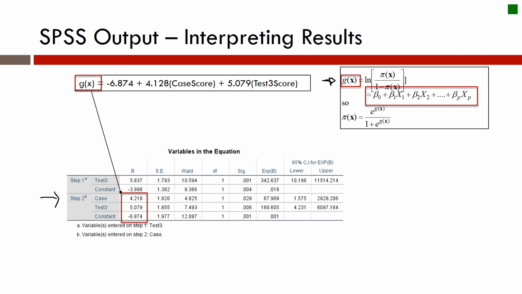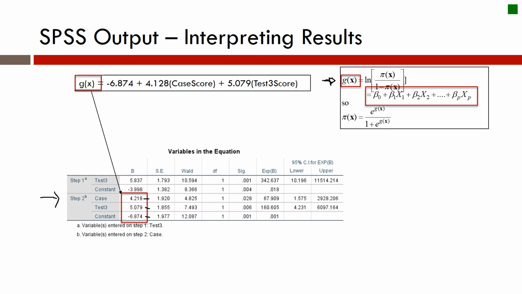This is b sub 0, that's our constant, plus b1 x1, b2 x2, and so forth. Here in this model, we only have x1 and x2, so we only have b1 and b2, and the constant. So we just have this front end of the variate because we only have two variables here, case and test 3, and then our constant.